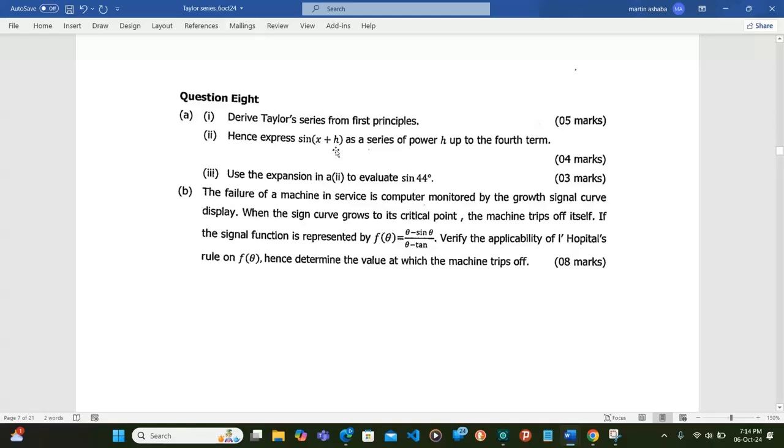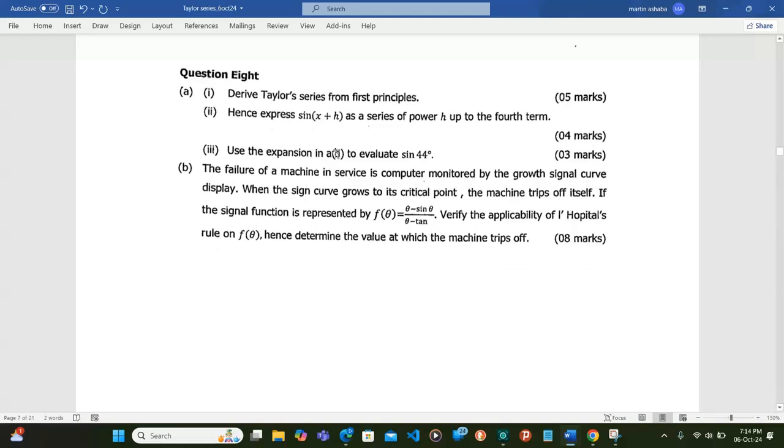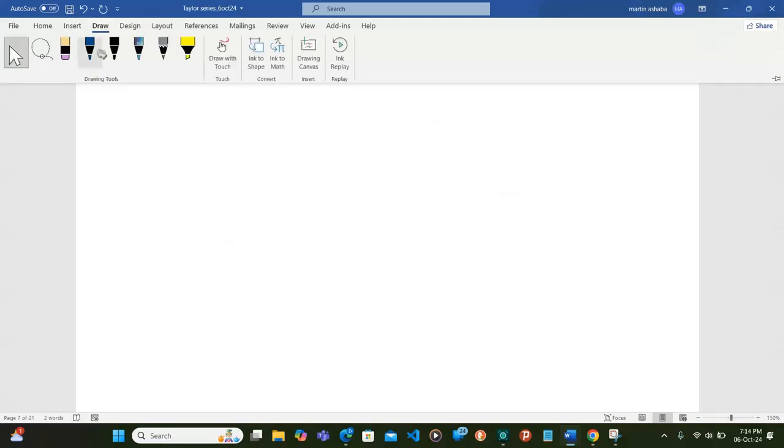But to begin with, let's look at part 2 of A, to express sine x plus h as a series of power h up to the fourth term. We are going to first look at f of x plus h according to the Taylor series.